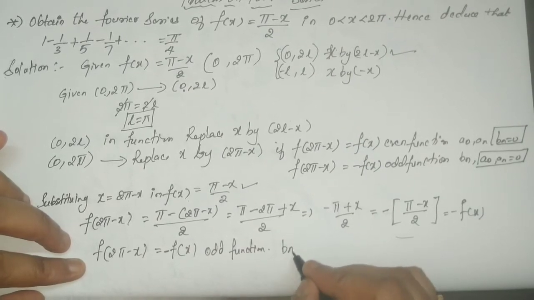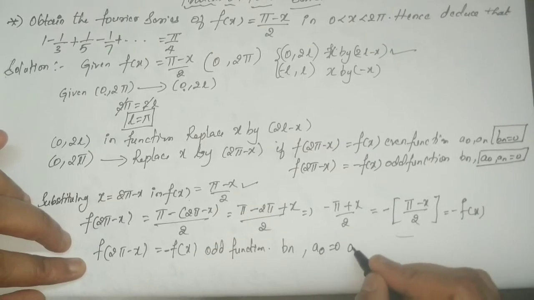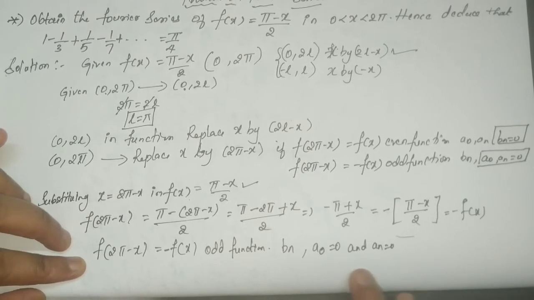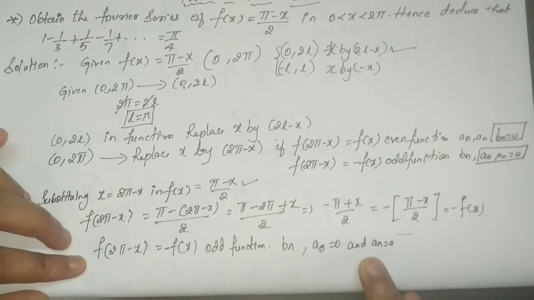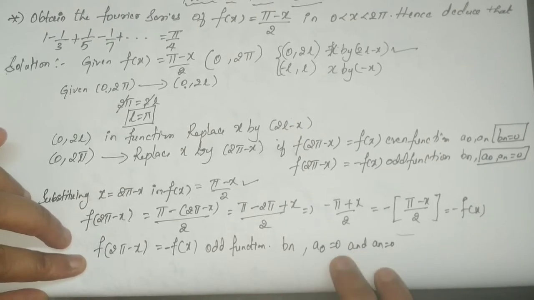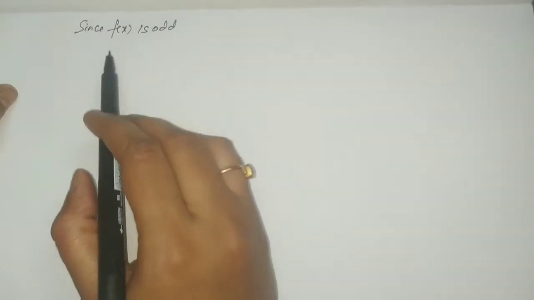If it is an odd function, just find bn. You can directly state a0 will be 0 and an will be 0. Even if you find by the neither even nor odd formula, you will get the answer 0, but you don't have to do it because we have already checked the condition is odd.